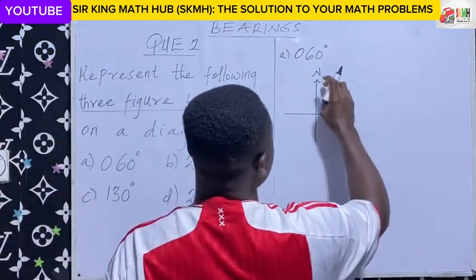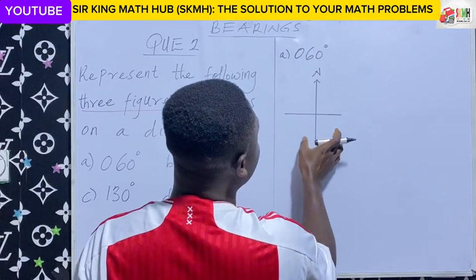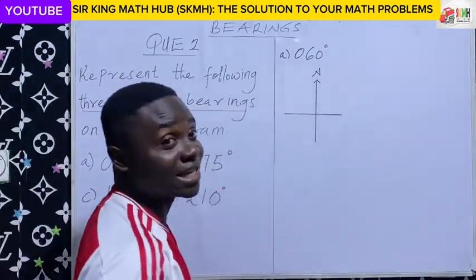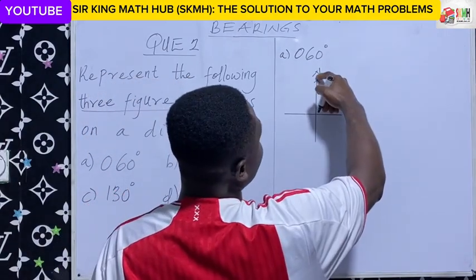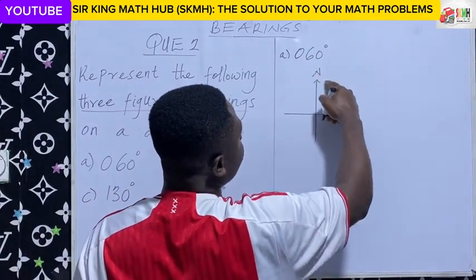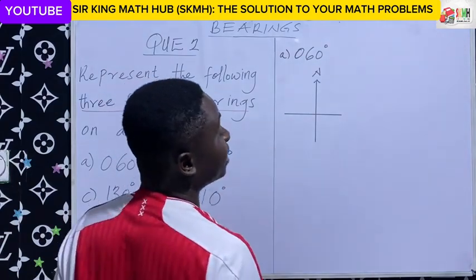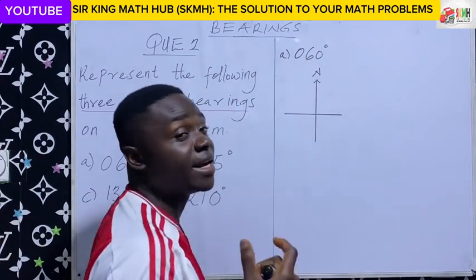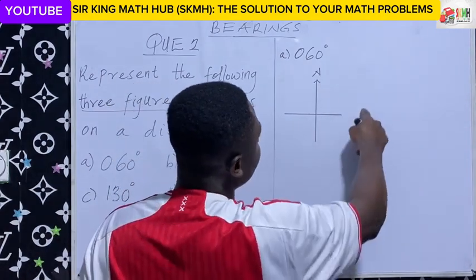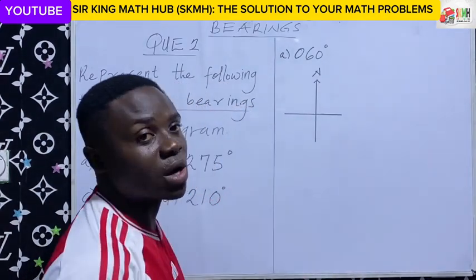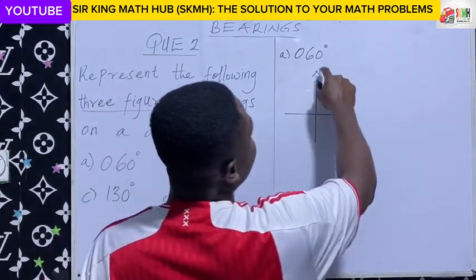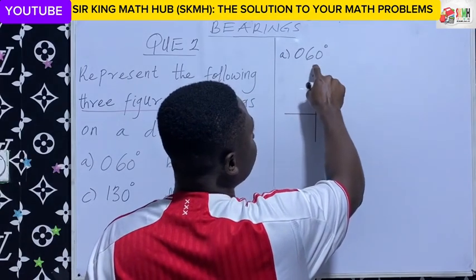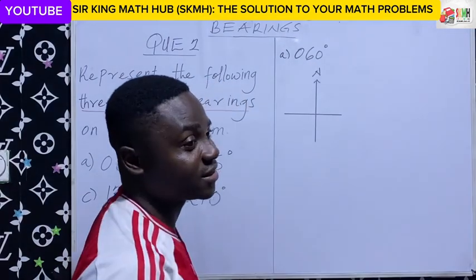Now, you see that from the cardinal points, we have 4 different quadrants. Each quadrant measures 90 degrees. So starting from the geographical north, when I move from the north to the east, I've covered 90 degrees. From the north to the south, I've covered 180 degrees. From the north to the west, that will give me 270 degrees. And from the north back to the starting position, I've covered 360 degrees.